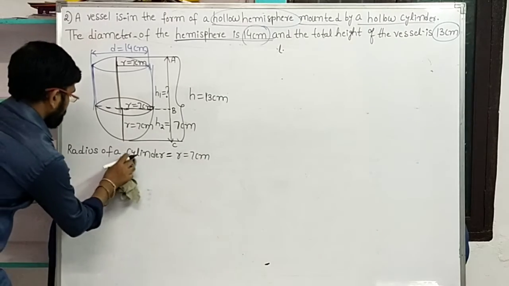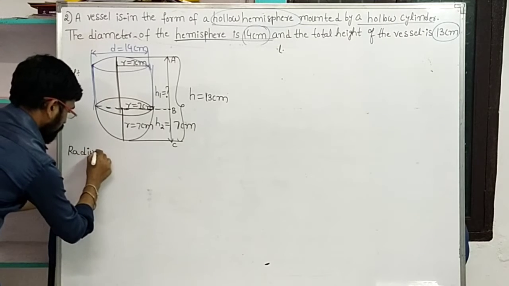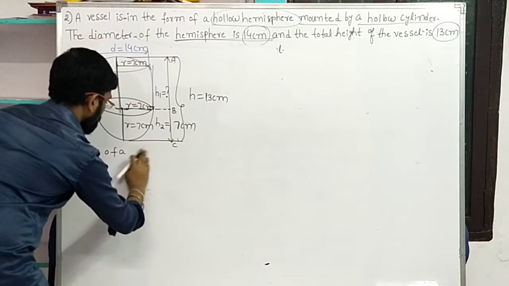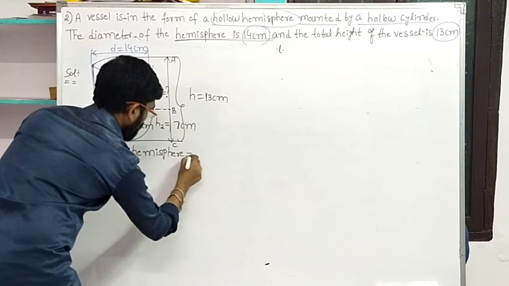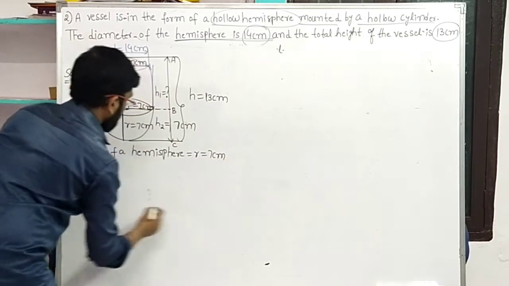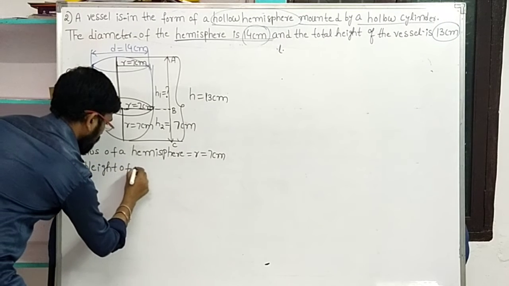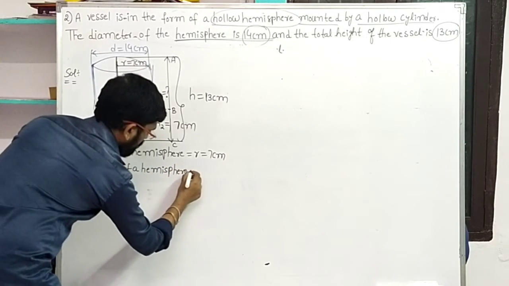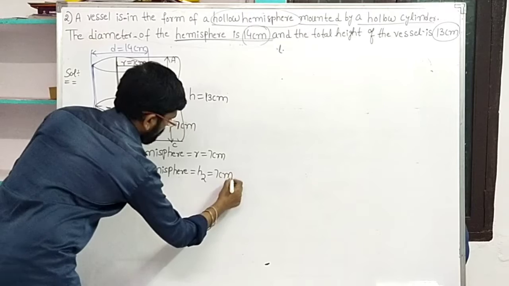Next, the radius of the hemisphere is R equals 7 centimeters. The height of the hemisphere is h2, which is 7 centimeters.